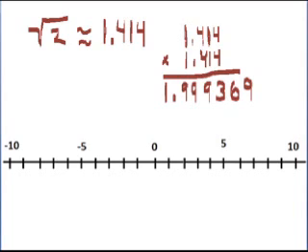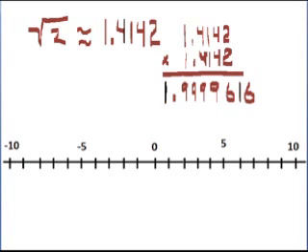You could do this yourself, or you could just trust me. Now, we look at that. 1.999369 is not 2. It's close, but it's not 2. So let's add another decimal, 1.4142. Multiply all that out, and you come up with 1.999616. That's not 2. We could continue to add decimals, but we would never get to 2.